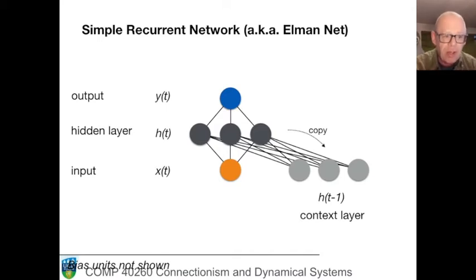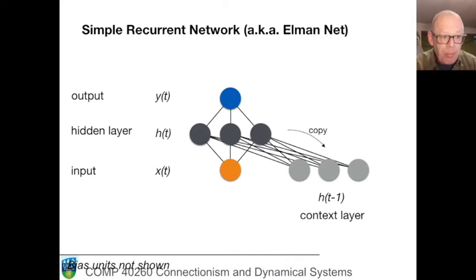So that the next time, at t+1, when we present input, the hidden unit will compute its values based on the input, but also based on its values at the previous time. So this is a slightly clunky way of implementing a link from each hidden unit to itself, or more appropriately, from each hidden unit to all the other hidden units, including itself.